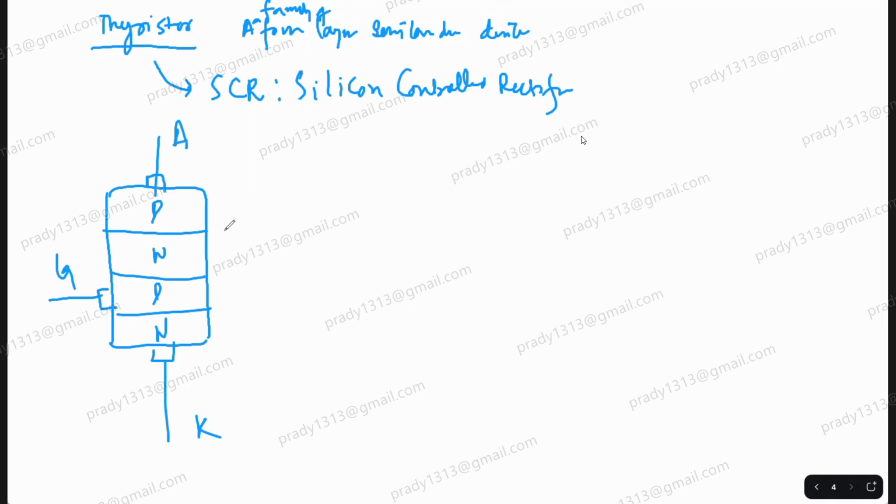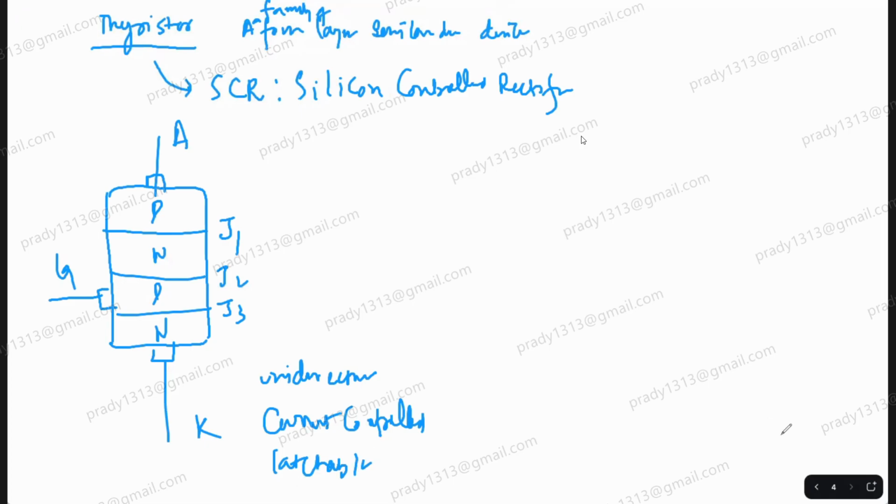How many junctions does it have? Three junctions. What type of device is it? It is again a unidirectional device, just like a diode, and it is current controlled. Apart from this, it is also a latchable device.